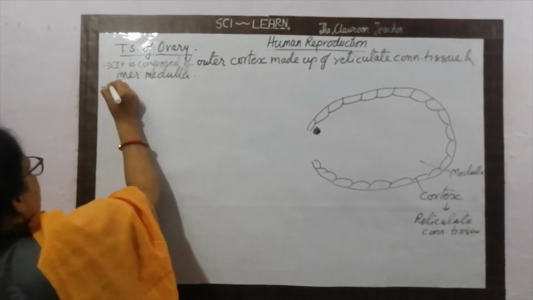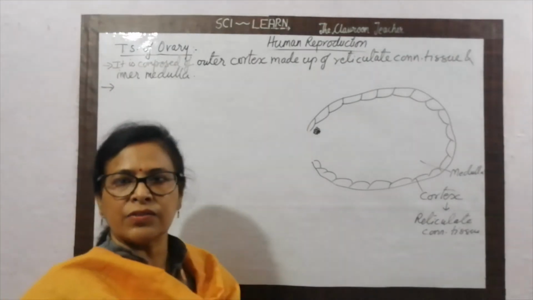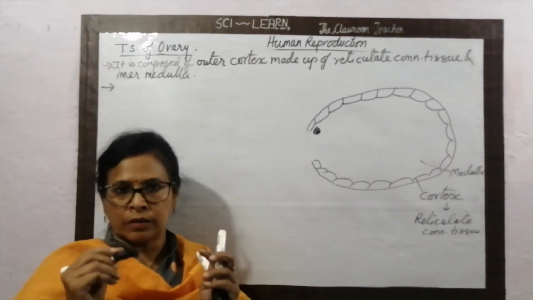Two layers are present here when we see the transverse section of the ovary.